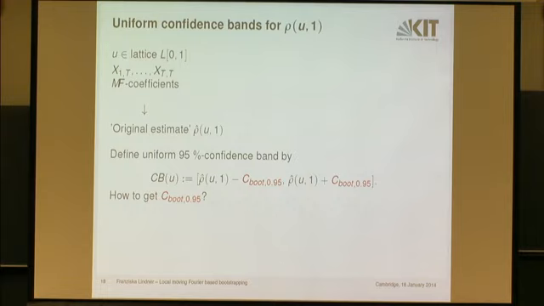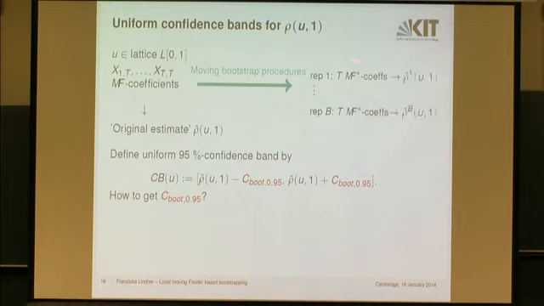We get this constant by applying to our time series one of those three moving bootstrap procedures we've seen before. We get bootstrap replicates of those moving Fourier coefficients, and we do this capital B times. And for each of the sets of coefficients, we again estimate the autocorrelation function.